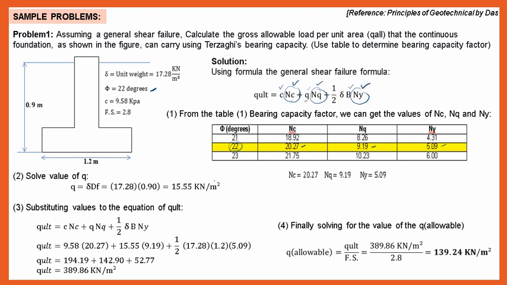Okay? So we have N sub C, N sub Q, and N sub Y. We don't have Q, so we need to solve for the value of Q. How do we solve for Q? We don't have a water table here. So our Q is the unit weight times dF.